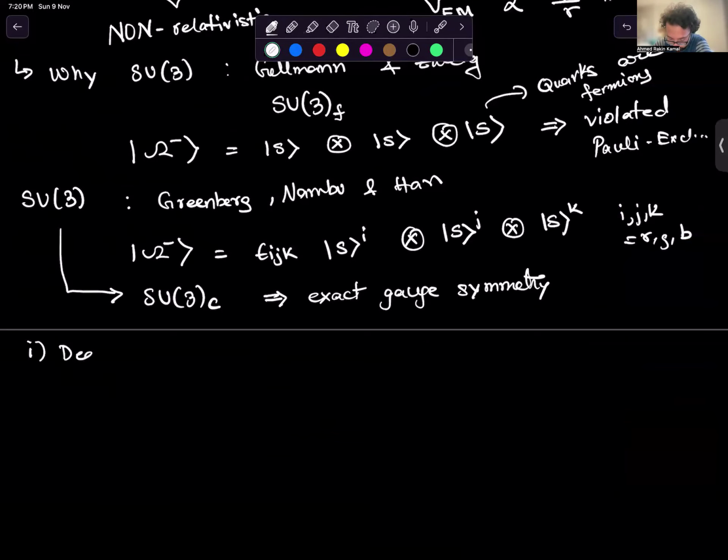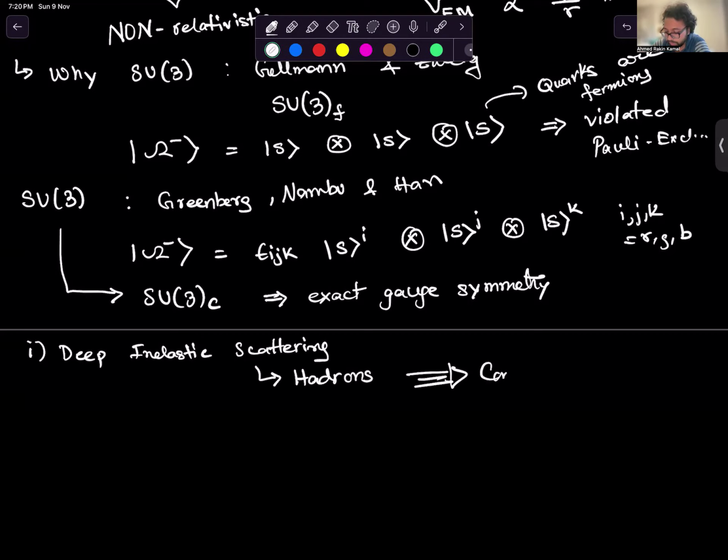One of them was, I'll just write the names, an experiment very similar to the one that we really know, the one of Rutherford where he was throwing alpha particles at gold foils. This experiment built up evidence that hadrons are composite particles, which basically means they are composed of particles of a more fundamental nature.